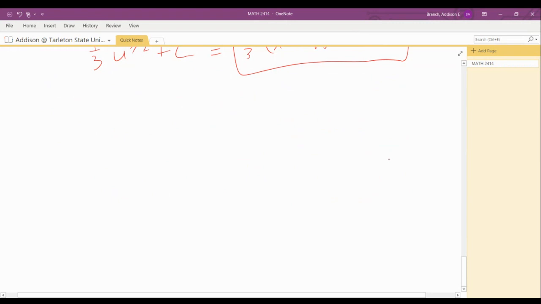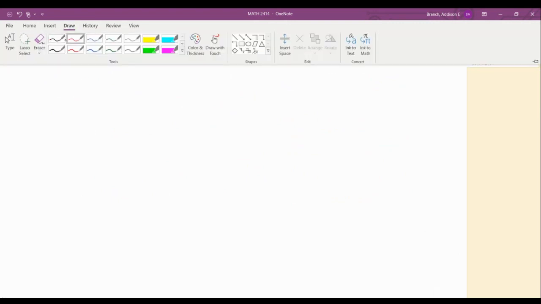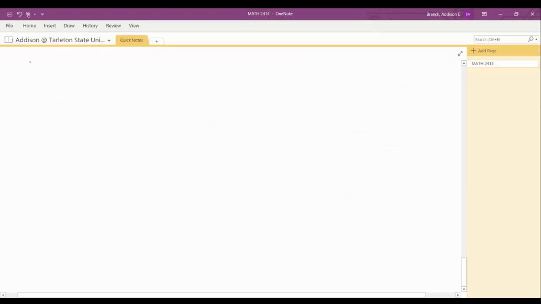All right, so now let's think about what happens if these aren't always super black and white. In this one, we are going to be integrating x plus 1 times the square root of x squared plus 2x plus 2.